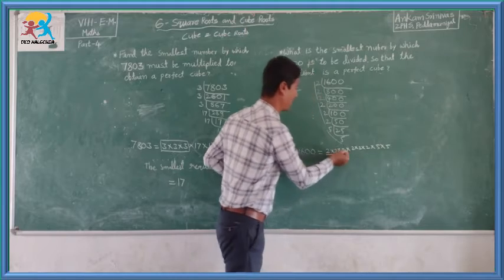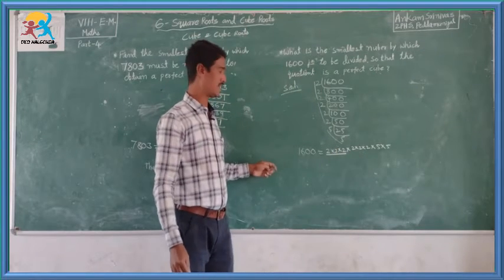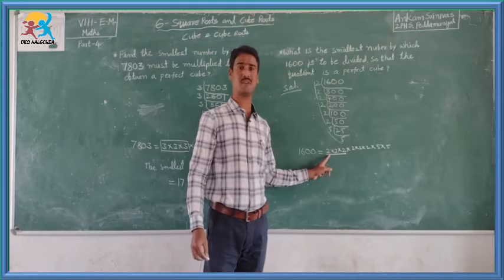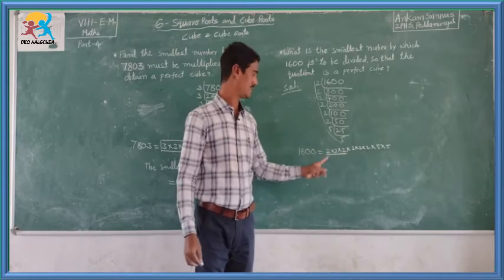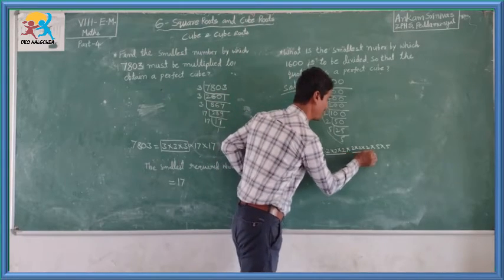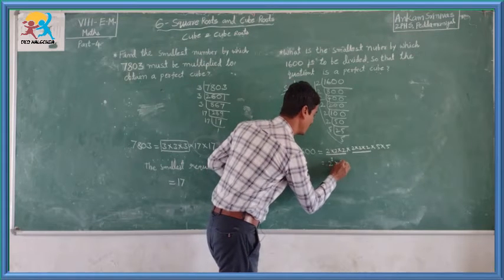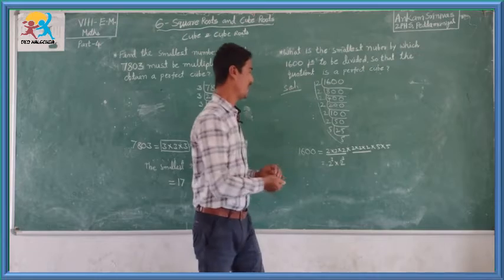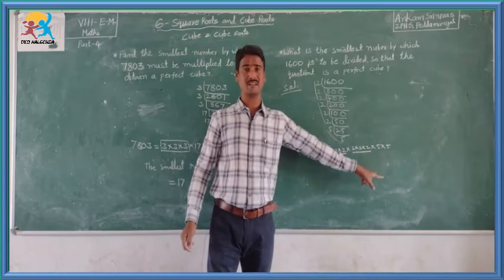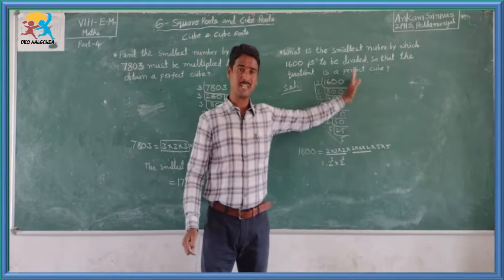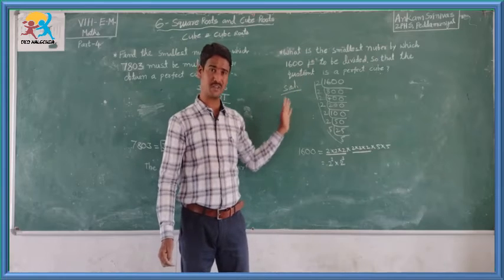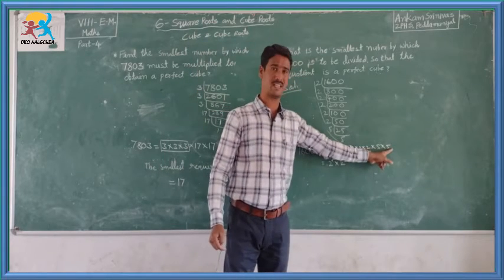This is a perfect cube, because a perfect cube means a product of 3 same factors. That means here 2 cube and here 2 cube. To become a perfect cube by multiplying, we have to take 5.